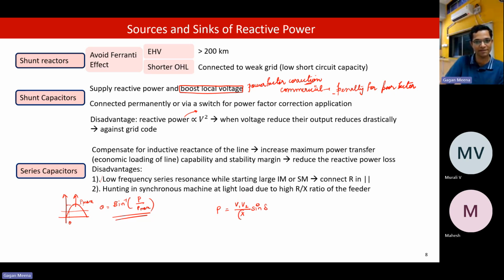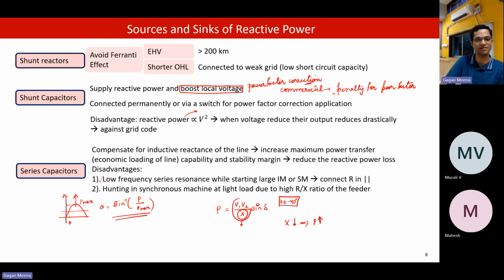Then we have delta and X to control. Delta we cannot increase much beyond a particular value; it generally lies between 30 to 40 degrees for stability purposes. Then we are only left with X. So if we can reduce X, then we can increase this P max.